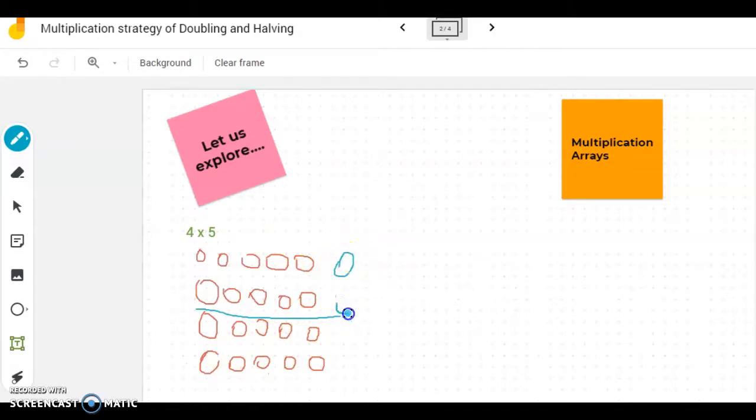1, 2, 3, 4, 5, 7, 8, 9, 10. So if you check this kind of working, you see I can have it going downwards, where I have 4 going down and 2 on the horizontal, or I can have the whole 10 of it on the horizontal and then 2 on the vertical.